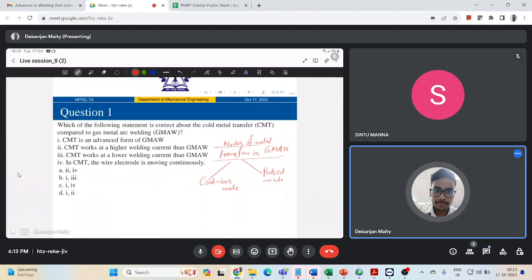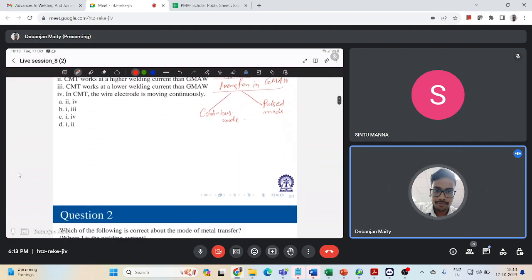Now, if we are trying to figure out the different types of metal transfer, there are three different types.